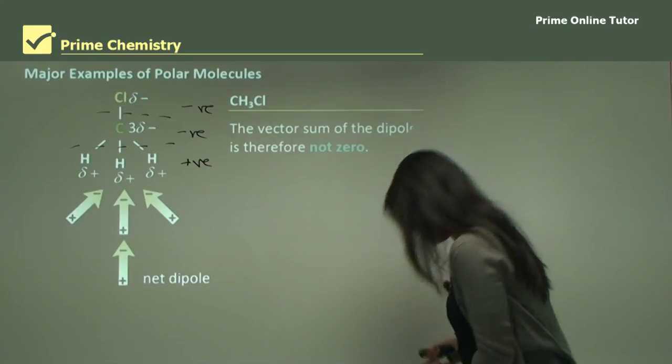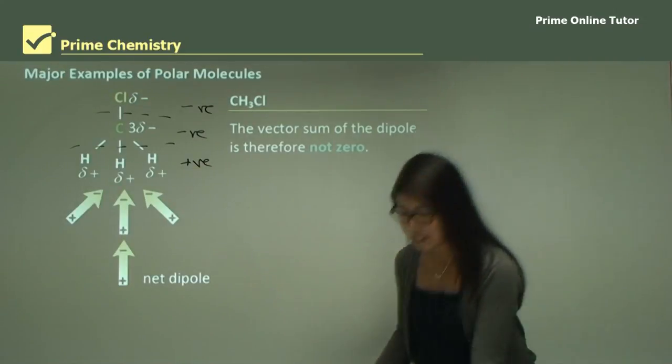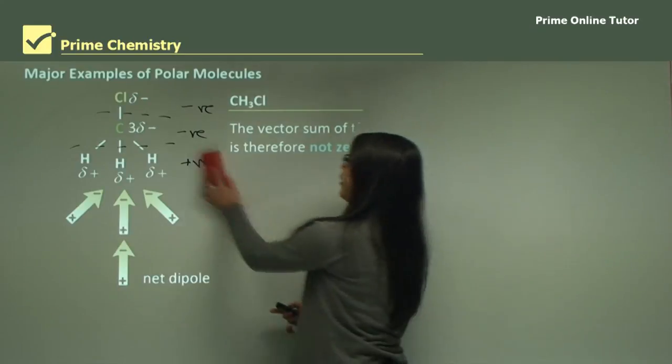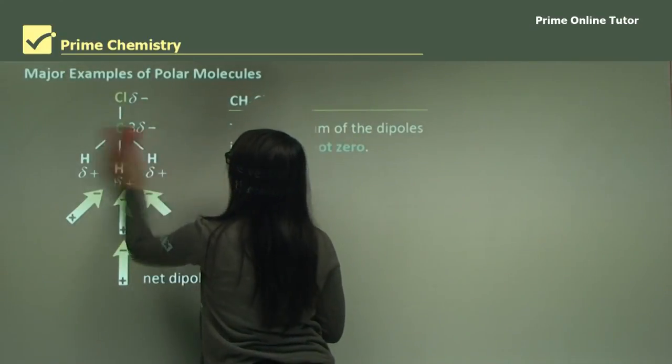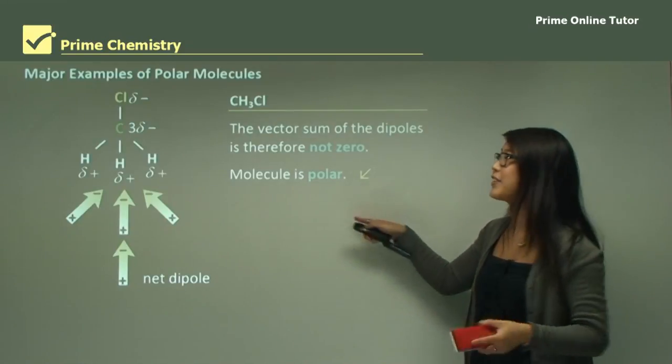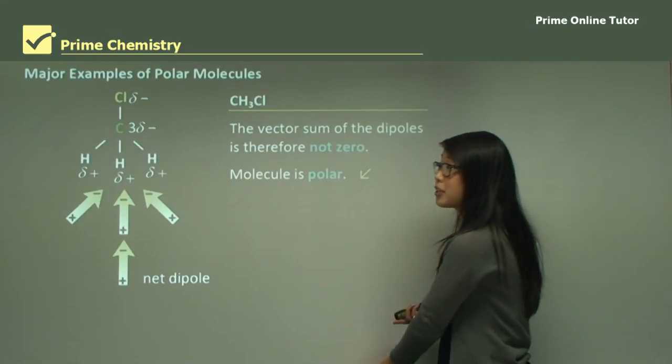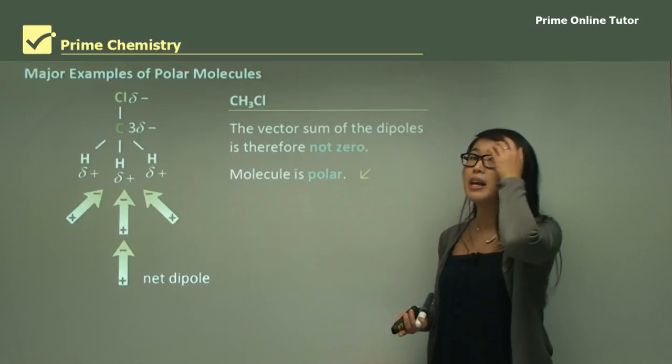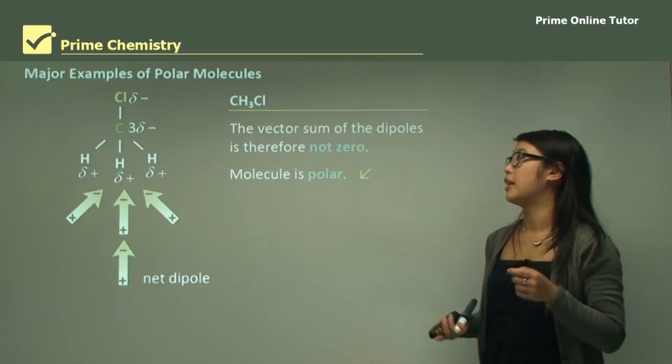So in this case, the whole molecule is polar, sorry. So the whole molecule is polar, we said, because it's not symmetrical and there are a lot of different polar bonds inside.